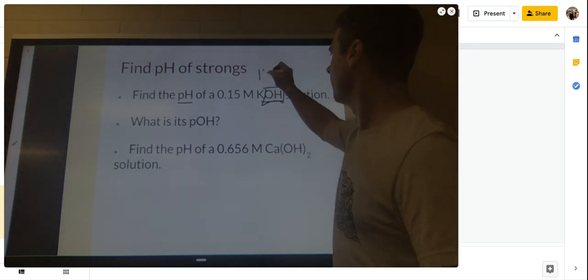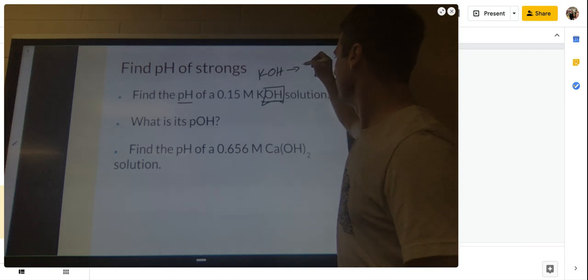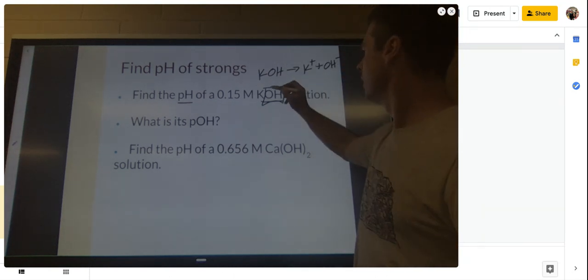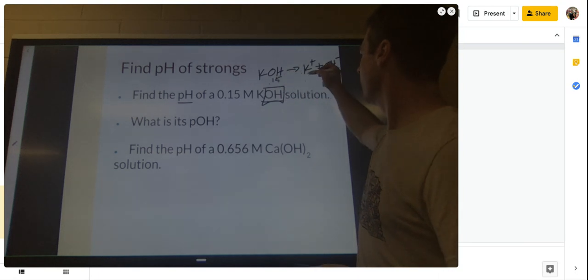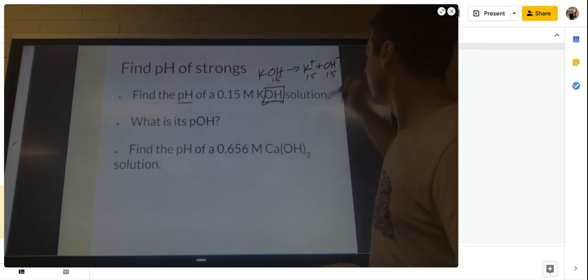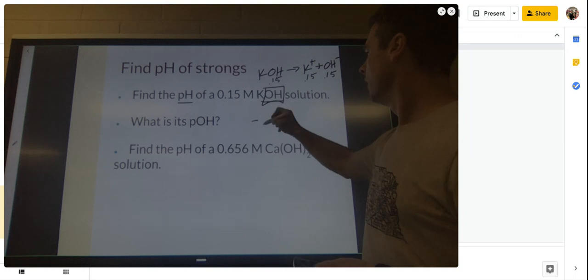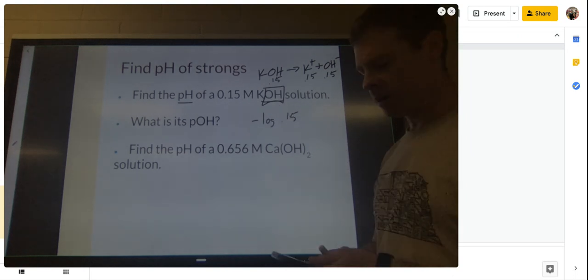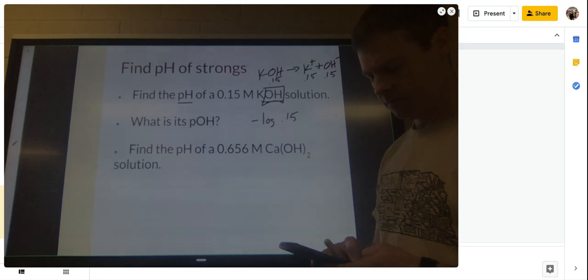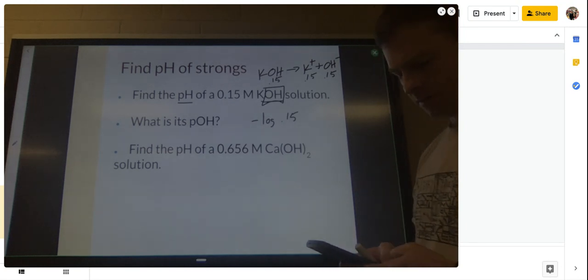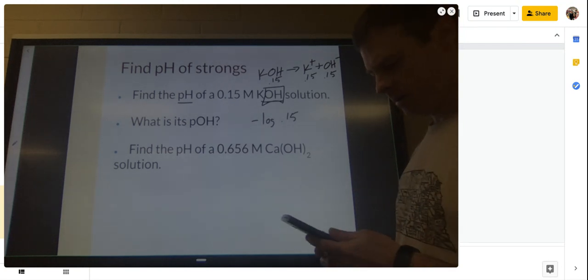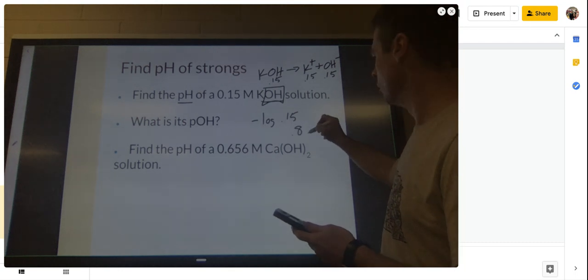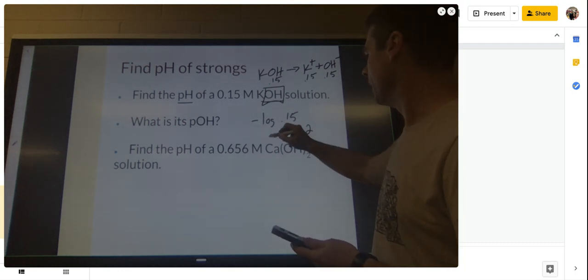Once again, this is kind of what you see is what you get. This is a 1-to-1 ratio, so if this is 0.15, then that's 0.15, and that's 0.15. So the pOH would be the negative log of 0.15, which gives 0.82 for the pOH.